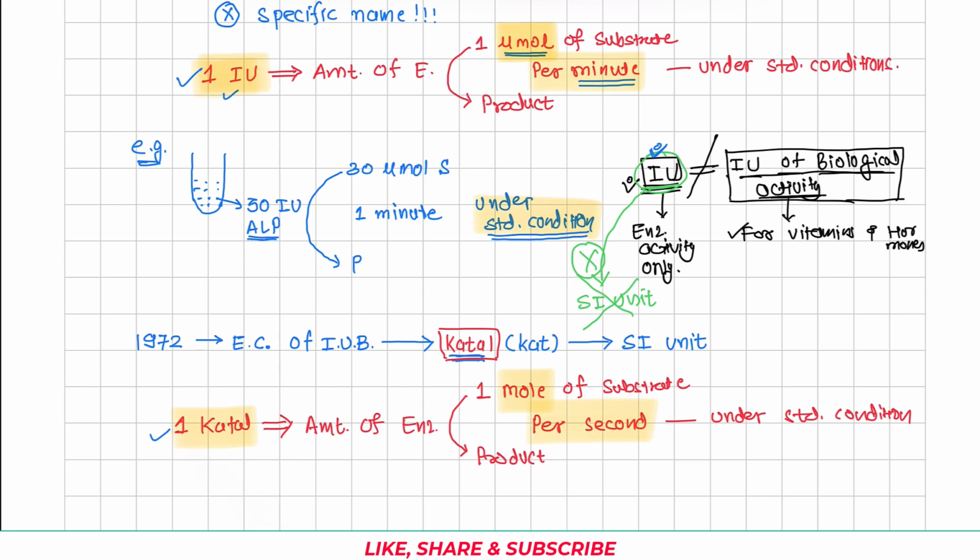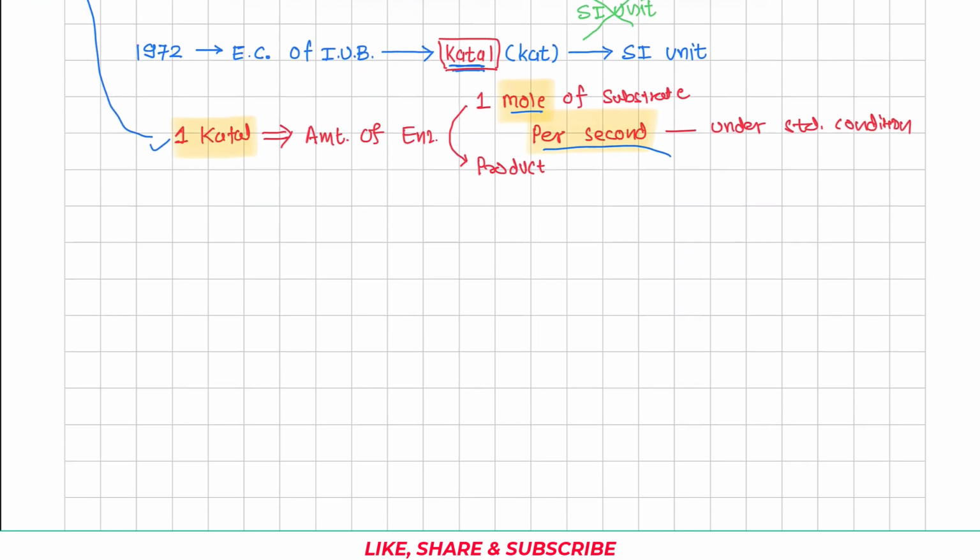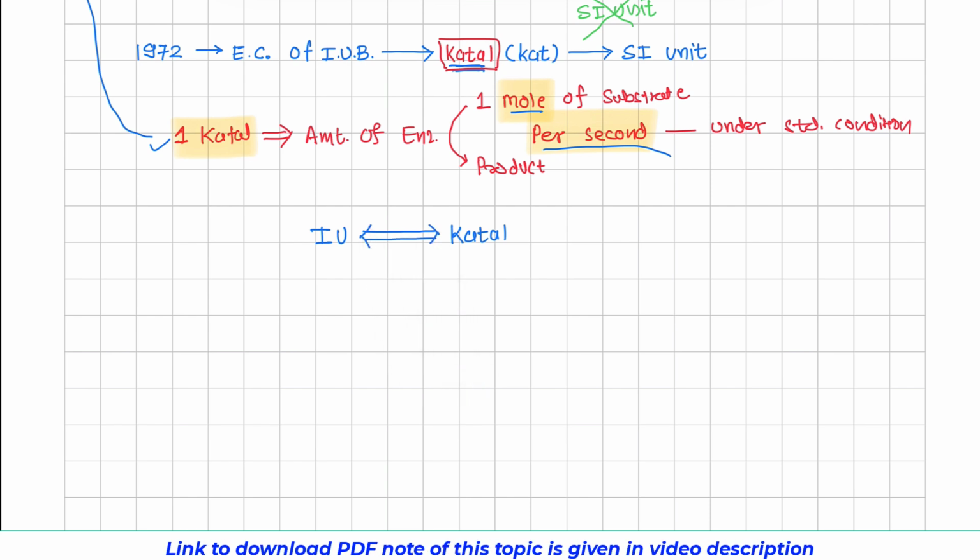Both are measuring the same thing, enzyme activity, just with different units. Remember, both units are interconvertible. So the relationship is: 1 international unit is equal to 16.67 × 10^-9 cat, whereas 1 cat is equal to 6 × 10^7 international units. By using this relationship, we can interconvert international unit and Katal.